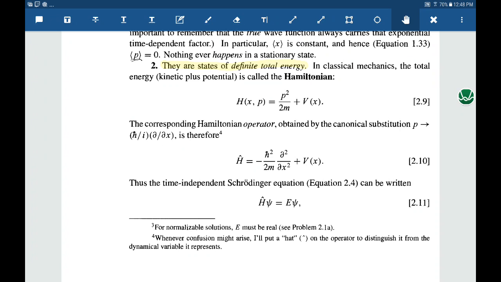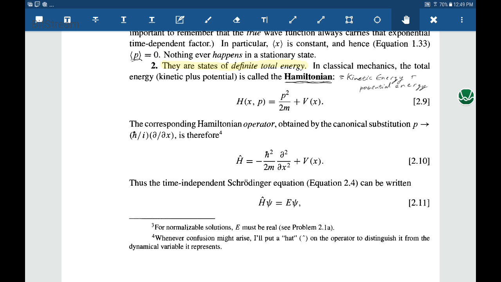There's a word that if you are taking any sort of condensed matter physics, you are going to get used to, and it's called the Hamiltonian. Hamiltonian is kinetic energy plus potential energy. So basically it describes the energy of our system.